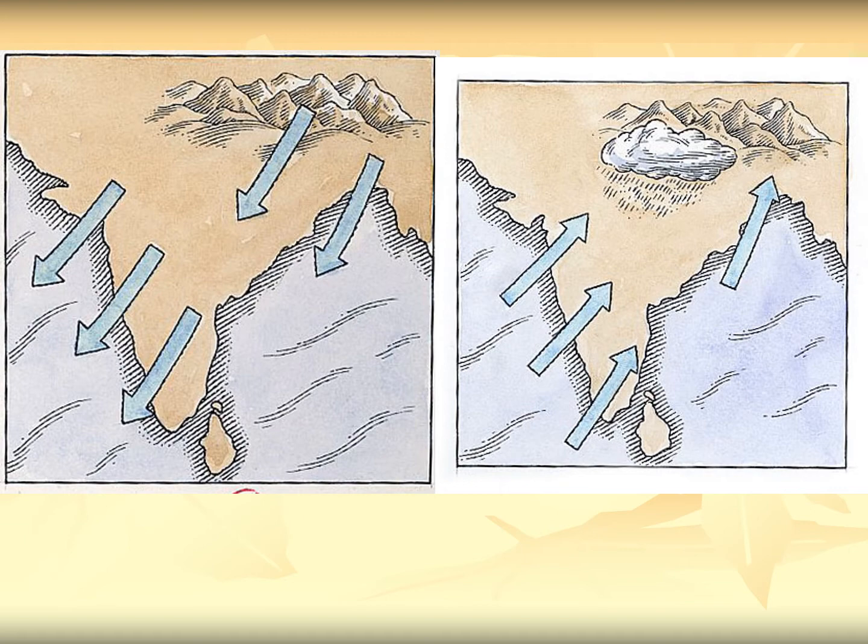Hopefully in the chat you said the one on the left is a winter monsoon. So on the right side, is that a summer or a winter monsoon? Since you already know what the one on the left was, the other one's obviously the other.